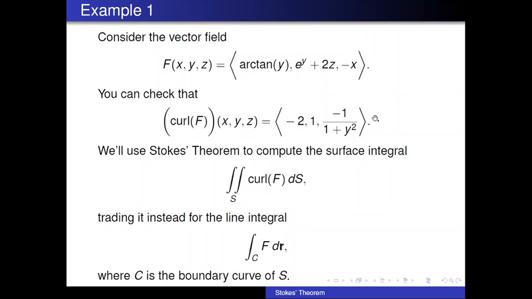Okay, so we're going to first use Stokes' theorem, the first way that we want to use it, where we'll trade the surface integral for a line integral. So we'll have this vector field here, curl of F. We will try to do the surface integral of this by instead trading it for the line integral of the original vector field along just the boundary curve C.